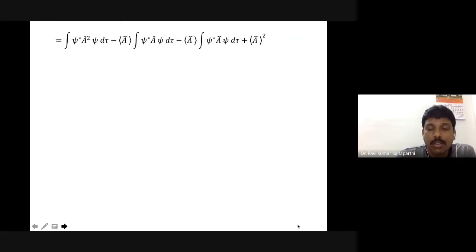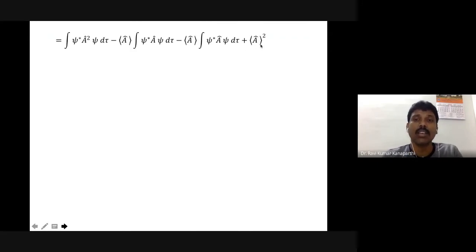Now, after doing all the simplification, what we get is this: integral psi star operator A square psi d tau minus this particular quantity, and then this quantity.